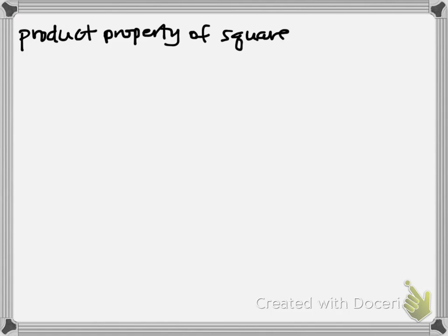In that sheet that I gave you, it mentioned a property that's extremely important, so we're going to talk about that one, and that is the product property of square roots. We'll talk about it in words, and then in symbols.